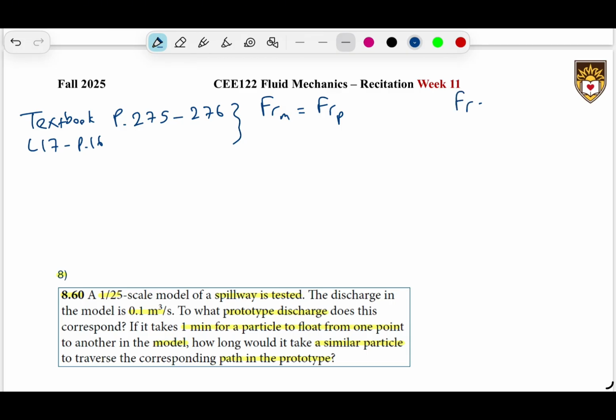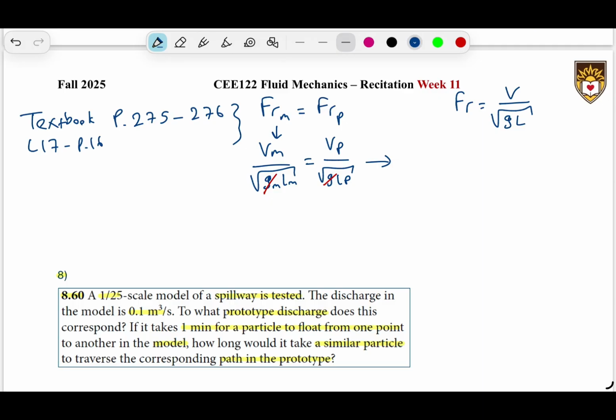And the Froude number is velocity over the square root of gravitational acceleration times length. So let me start with this information. So we have Vm, and we have the same for the prototype. And here, of course, we can ignore gravitational acceleration because it is the same anyway.